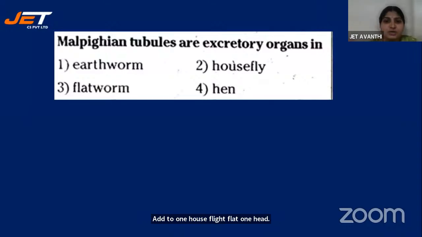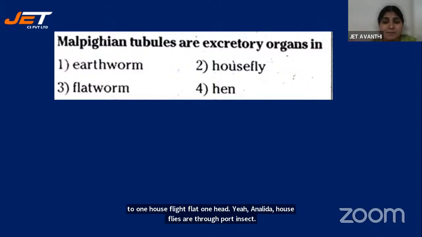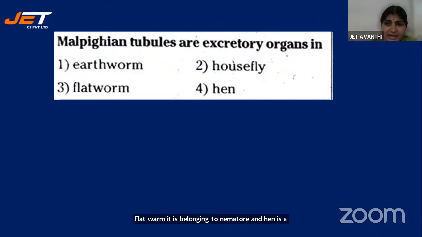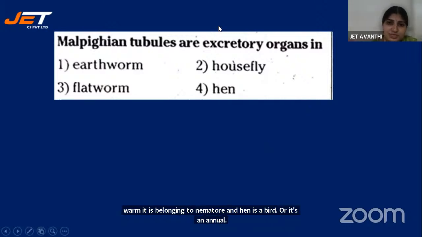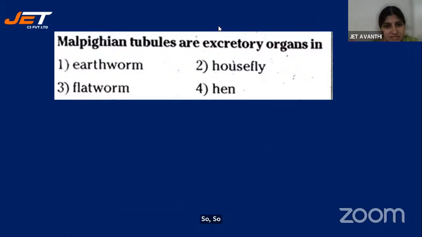Flatworm belongs to platyhelminthes. And hen is a bird. So what's the answer? Yes, Avinash, Bhavani, Harshita. Housefly. Insects have Malpighian tubules, children. So housefly is the correct answer.